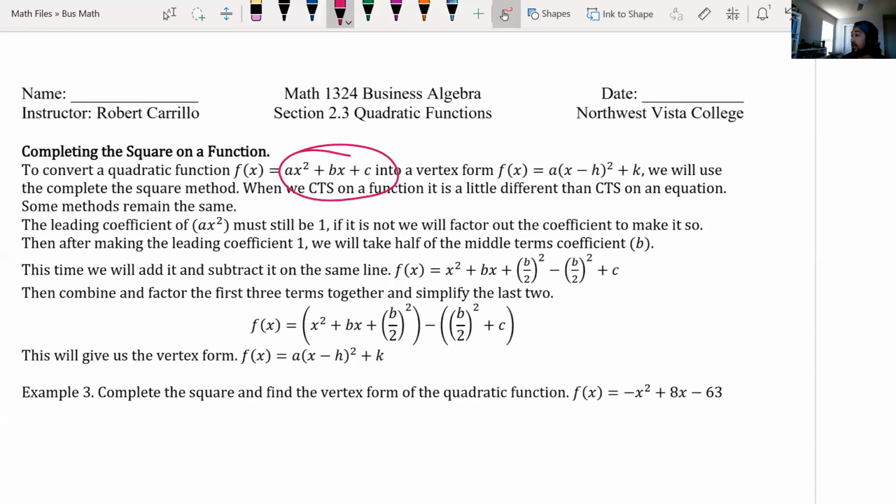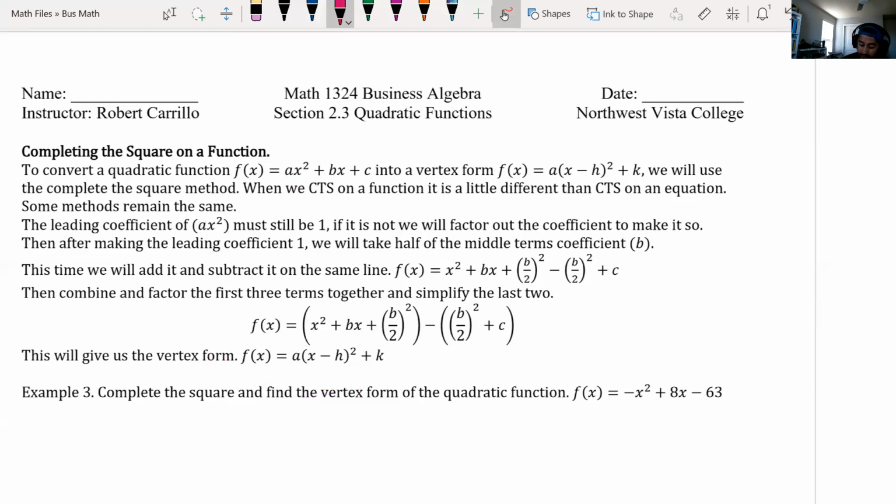We don't have two sides to work with like we did on an equation. So when we completed the square on an equation, we were able to add it to both sides. But now when you complete the square on a function, you must add it and subtract it on the same line. And once you do that and simplify, factor, and simplify, you will arrive at vertex form.